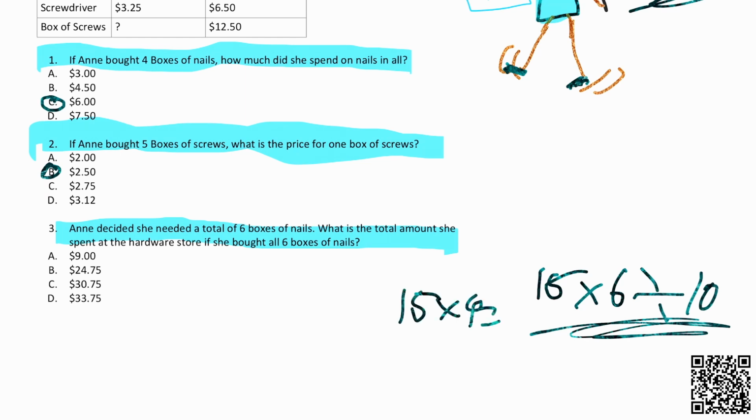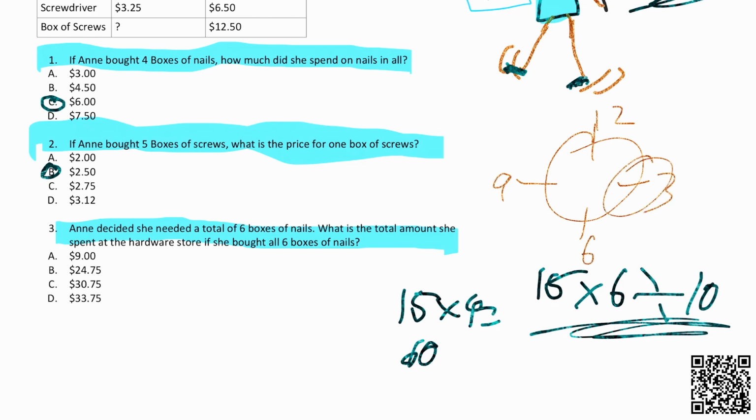If you already know your 15s, speaking of the clock again, let me draw the big clock. 12, 3, 6, 9. And this is the infamous 30. So 15 times 2 is 30.